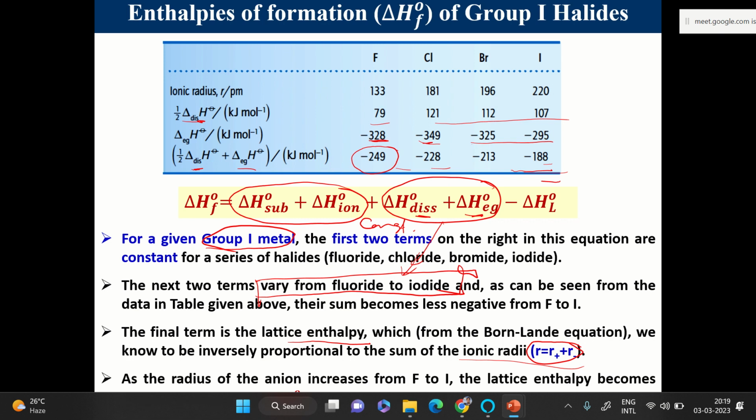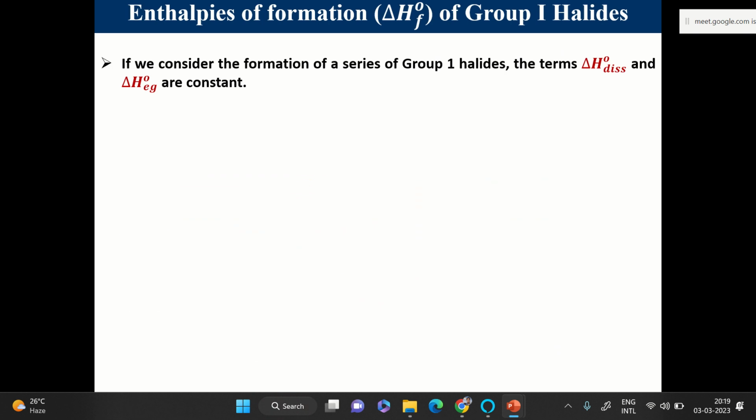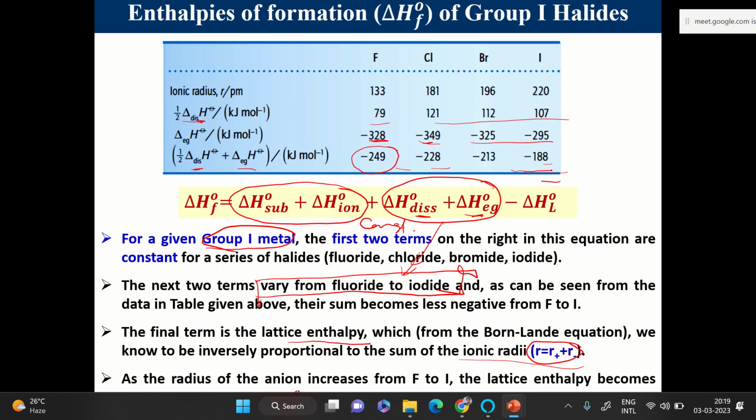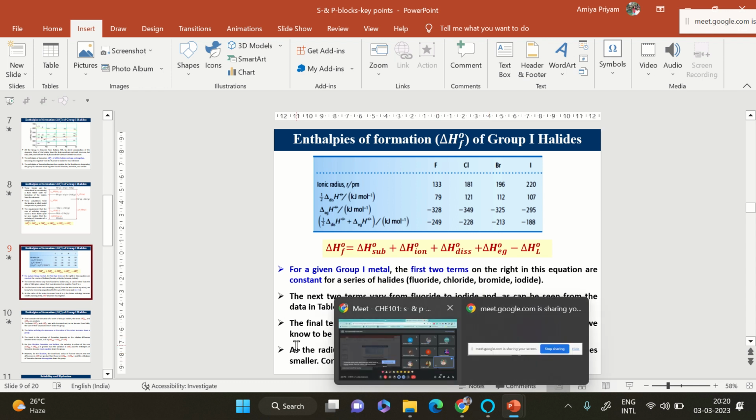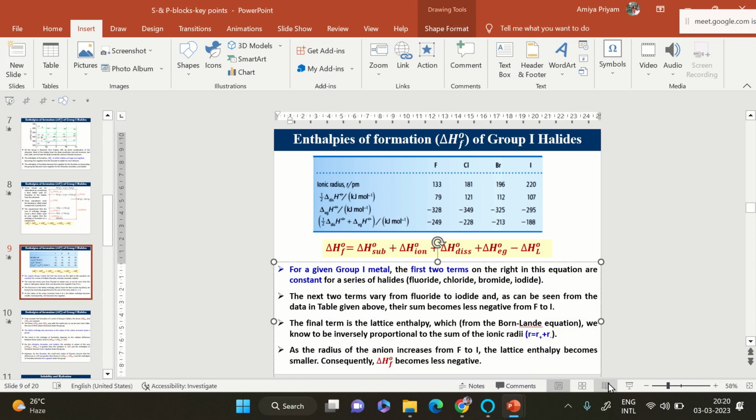As the radius increases from fluorine to iodine, the lattice enthalpy decreases. So as the radius of an ion increases, lattice enthalpy will decrease, right? Because r plus plus r minus has increased, so the lattice enthalpy delta HF becomes less negative.